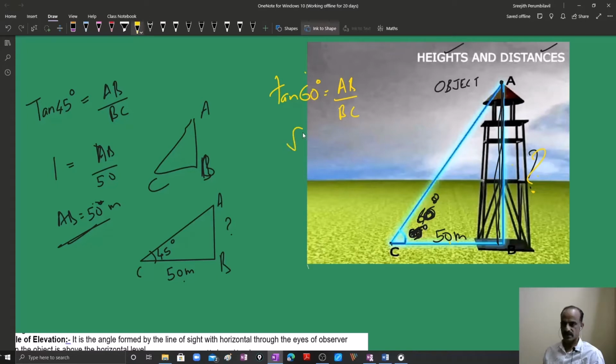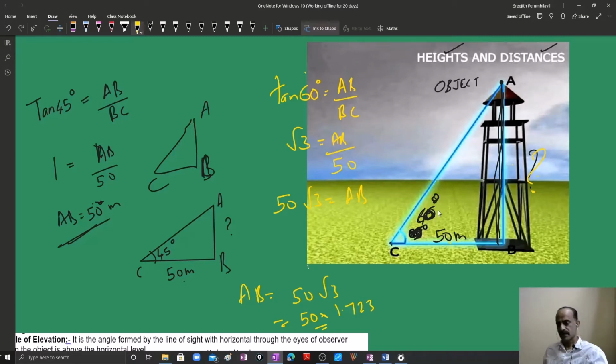Tan 60 is root 3, AB by BC, that is equal to 50. 50 into root 3 meters is AB. AB is equal to 50 root 3, that is approximately 1.723 times 50. We can multiply this and find out the value. So this is how we use trigonometry in finding heights and distances.